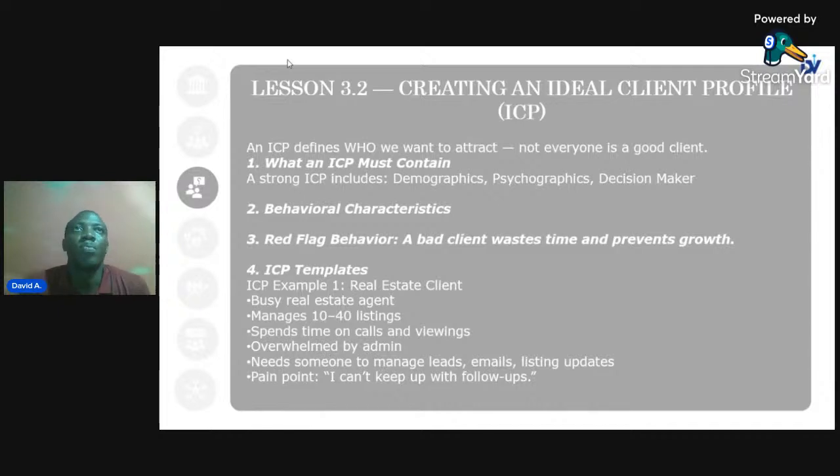There's this client that I had at a point in time that always wants to cut price.